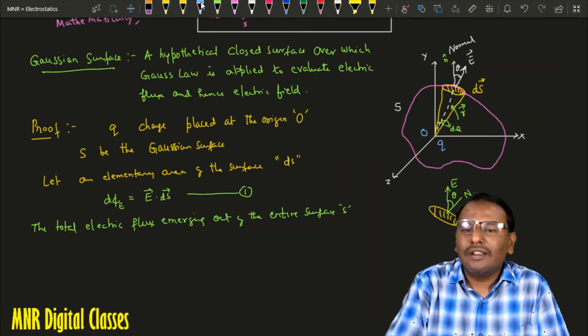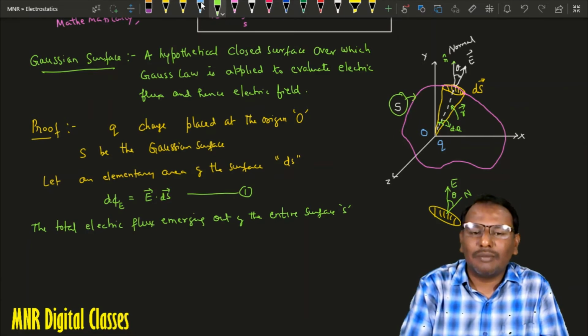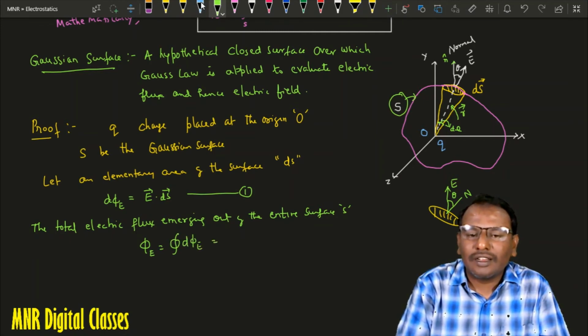We are considering the entire surface. The total flux emerging out of this entire surface is given by phi is equal to integral of d phi. Take the closed surface. Here the circle indicates it is the closed surface. This is equal to surface integral of E bar dot ds bar.